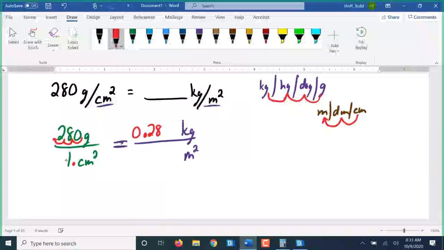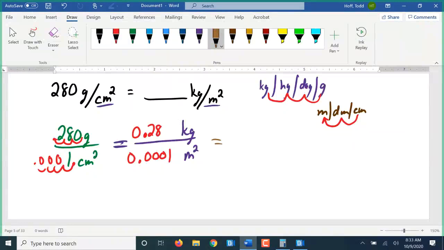So we're starting here, we got to go 1, 2, add a 0, 3, add another 0, 4. There's 0.0001 meters squared. And now we divide it out. 0.28 divided by 0.0001 is 2,800 kilograms per meter squared.